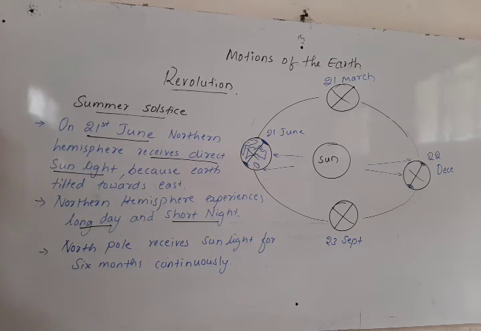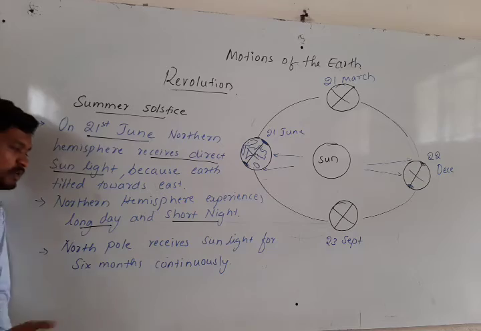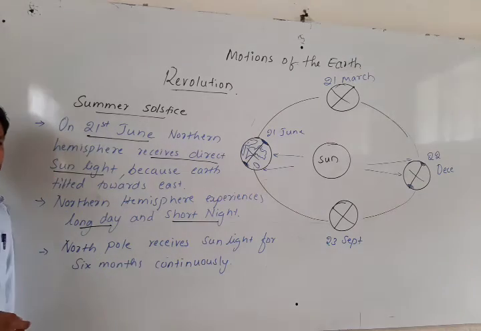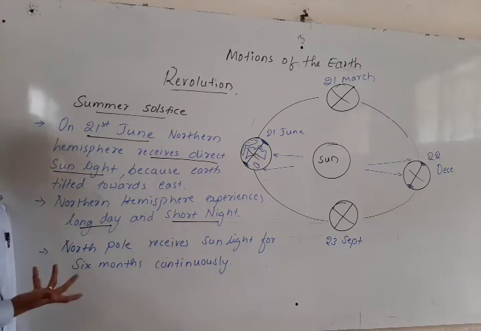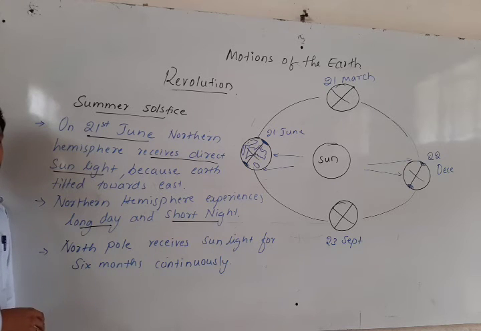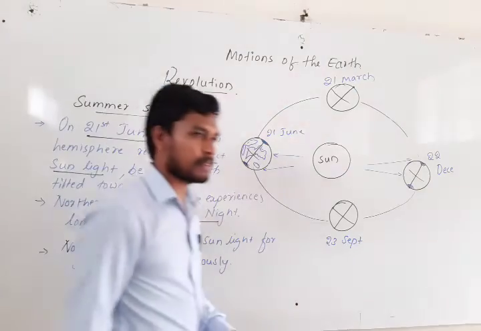It will be receiving sunlight continuously because there is no night for it. Every day, every second they can see the sun, but it will be very slight and low.